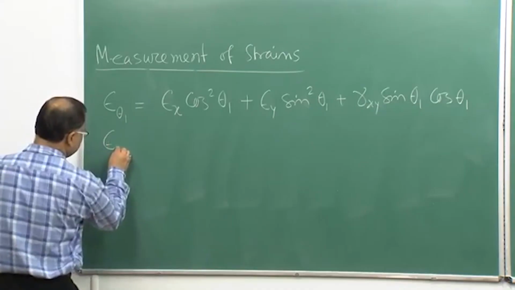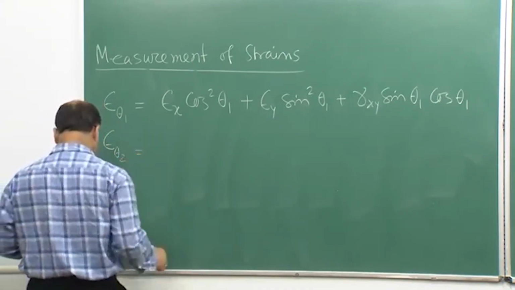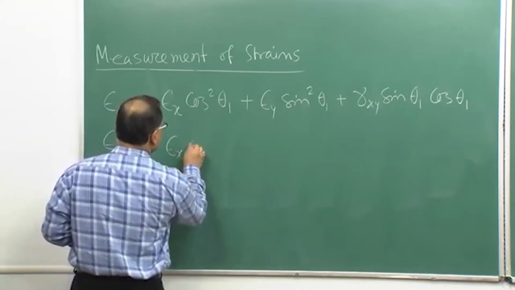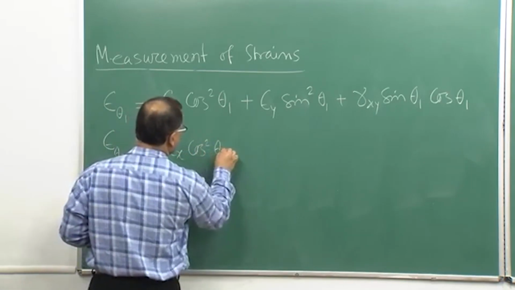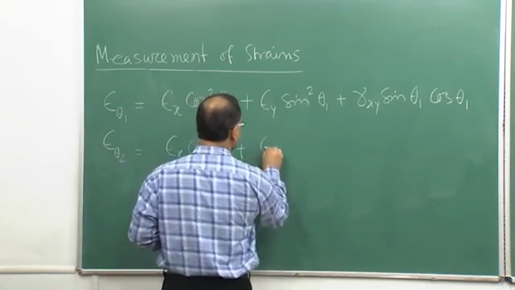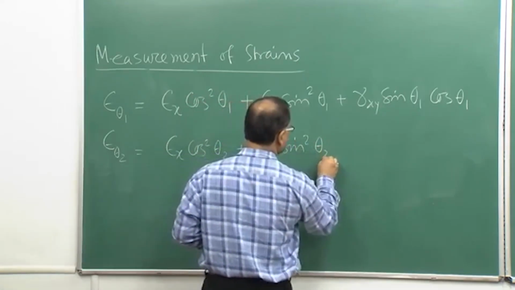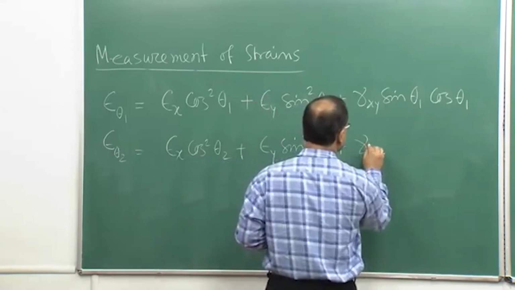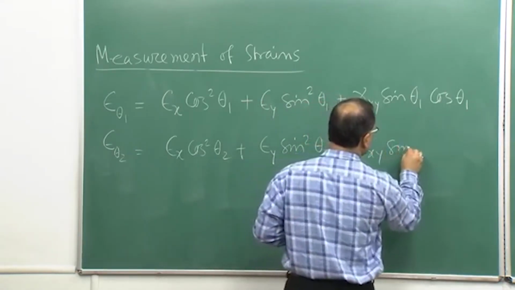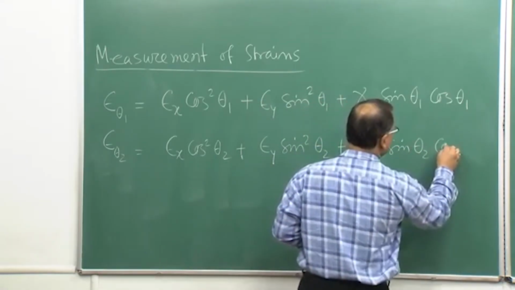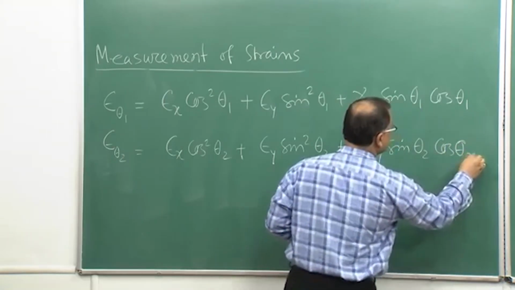Similarly, I can write epsilon theta 2 is equal to epsilon x cos square theta 2 plus epsilon y sin square theta 2 plus gamma xy sin theta 2 cos theta 2.